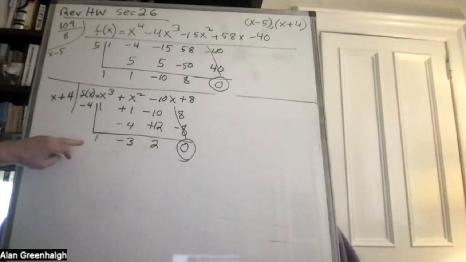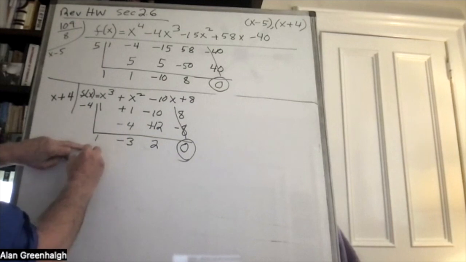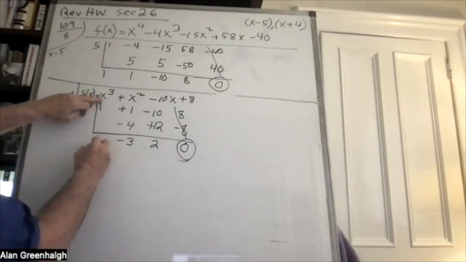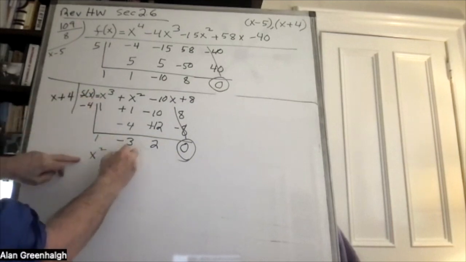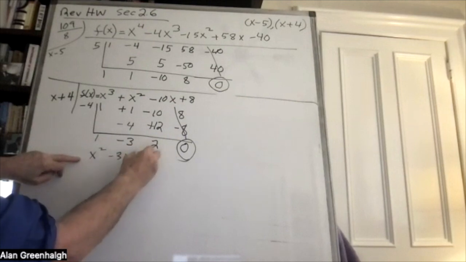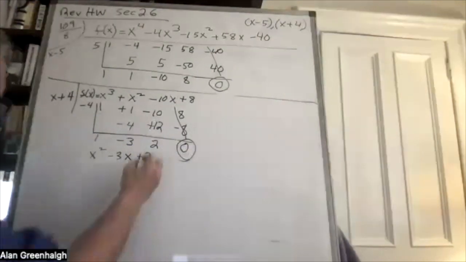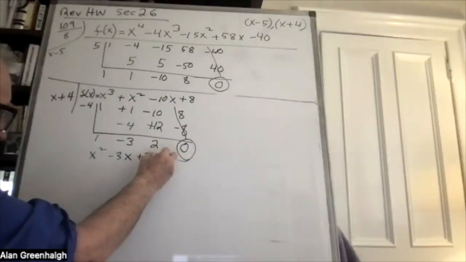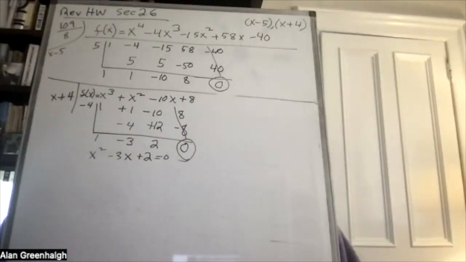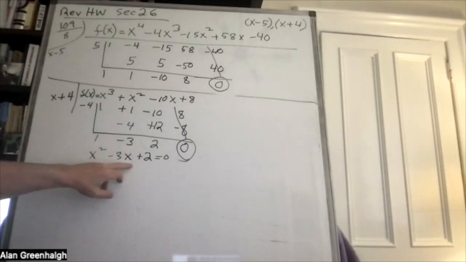So where are we now? We are at x to the second minus 3x plus 2. And if we want to continue with this, we could factor this. Let's just factor it now.